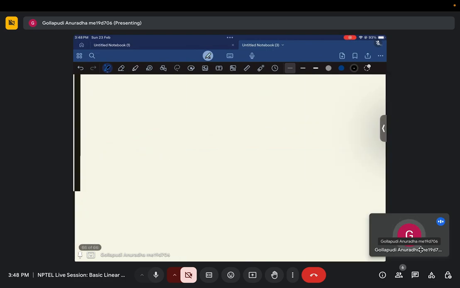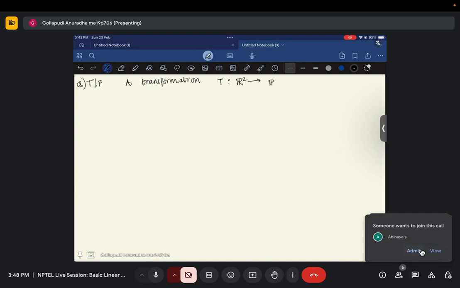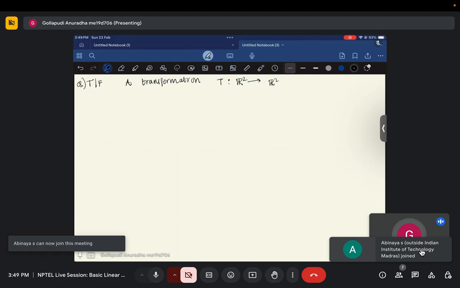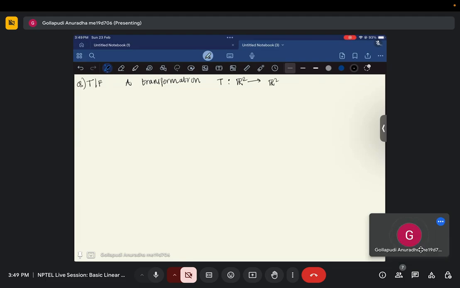Okay, so one more question. This is a true or false question. A transformation T from R2 to R2 that preserves areas also preserves lengths.